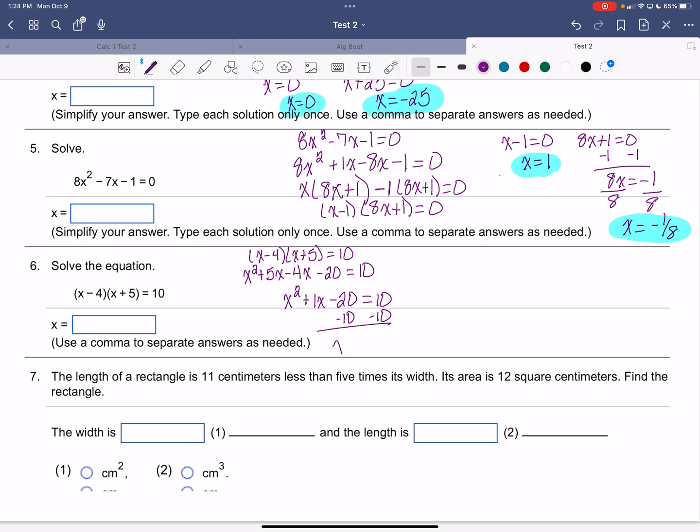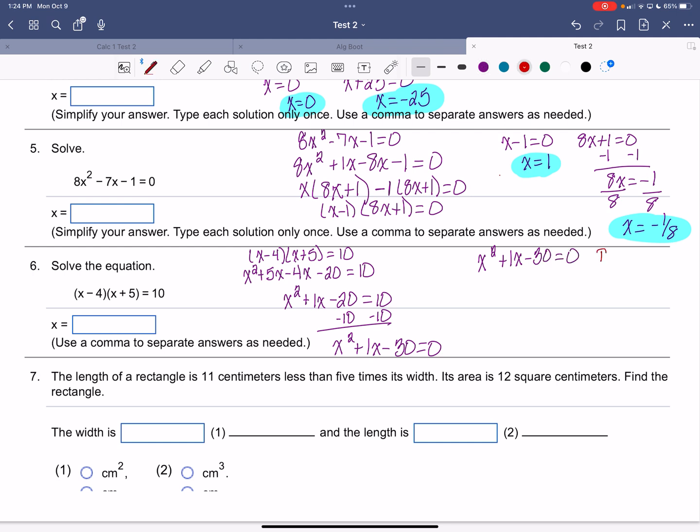So now I have x squared plus 1x minus 30, and now I've got this in a form that I can solve: x squared plus 1x minus 30 equals 0.